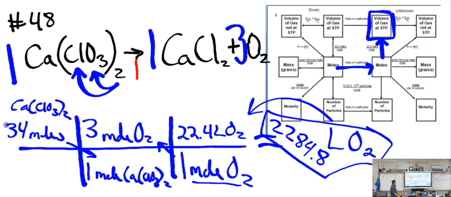Did you just have the first one as 22.4? Well, what I did, 34 moles, and I carried the moles down, and I did 22.4 liters of O2 over 1 mole, and I brought that down to liters, and then I brought the liters over 2. That's fine. Same thing. It's a little bit different, but if you get the right answer, I couldn't care less.